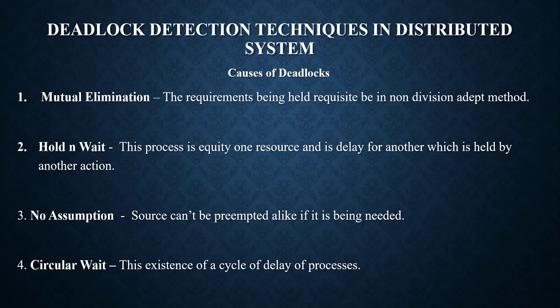And the last one is circular wait. It is a circular chain of processes, with each process holding resources which are currently being requested by the next process in the chain. If this exists, a cycle in the resource graph is necessary for deadlock to occur. Okay, let's move to the next slide.